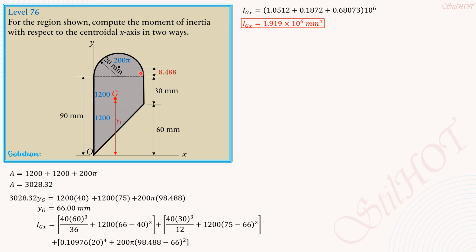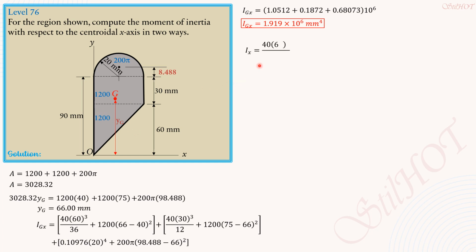For the rectangle and for the semicircle, we have to transfer them directly to the x-axis because their centroids do not coincide with the x-axis. Only for this triangle here do we have an available formula for moment of inertia with respect to the vertex parallel to the base, which is bh cube over 4.